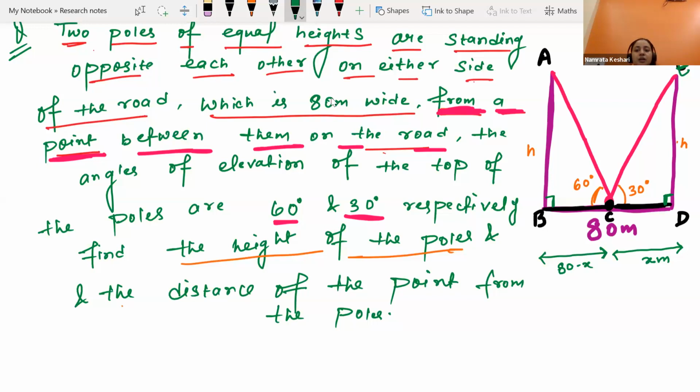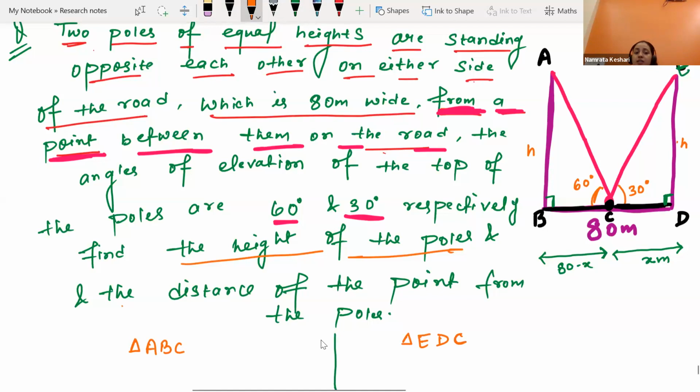Let's continue. So we are having two triangles, triangle ABC and triangle EDC. We have given the names; you can give any name according to your choice.